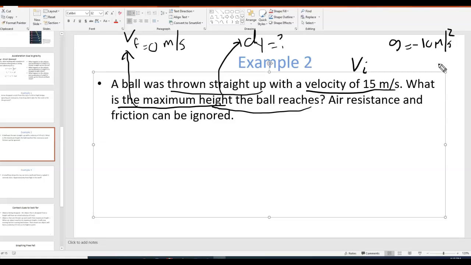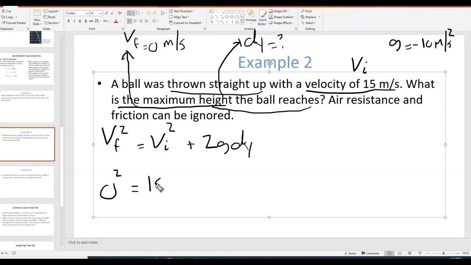And so now I want to use the equation that has V final, V initial, D, and G in it. And the equation I'm going to use is the one that looks like this. Vf squared equals Vi squared plus 2G dy. I'm going to plug in my givens into the equation. V final is going to be 0, so that's 0 squared.